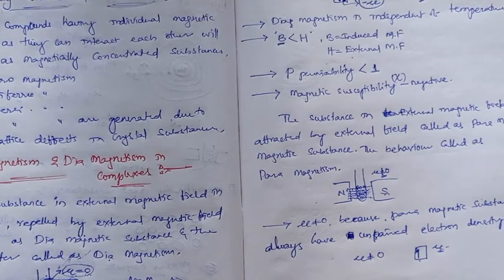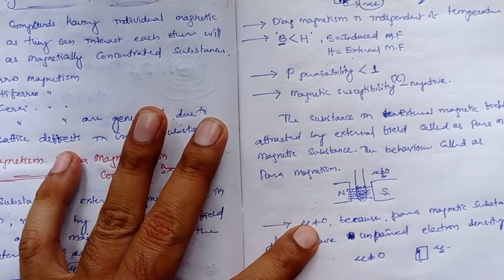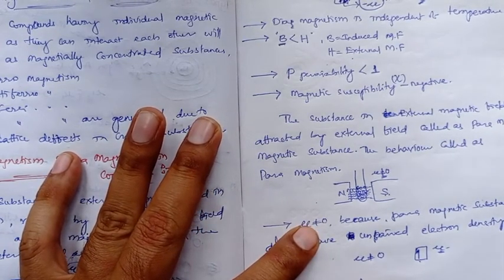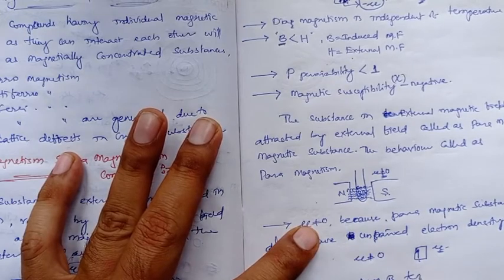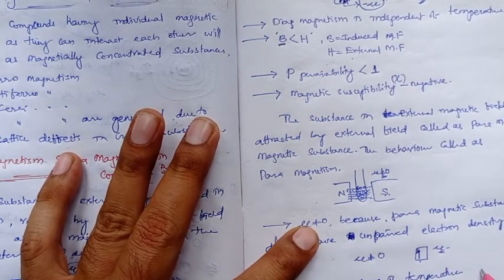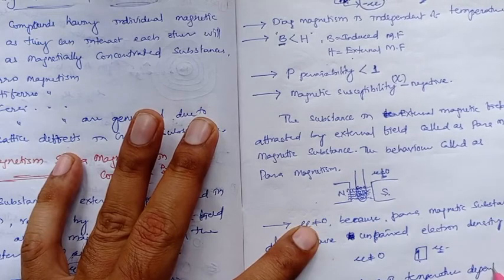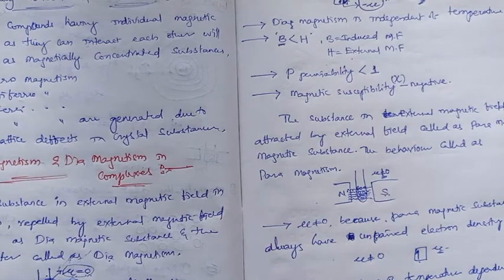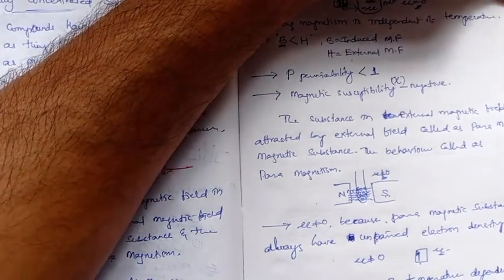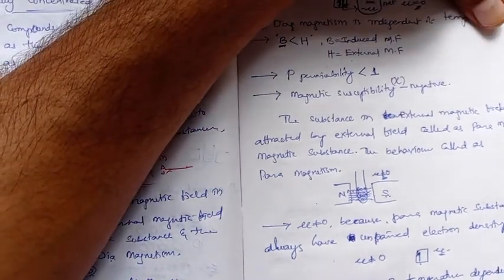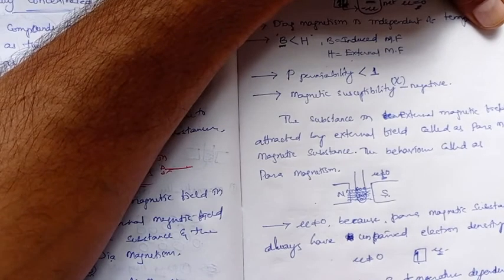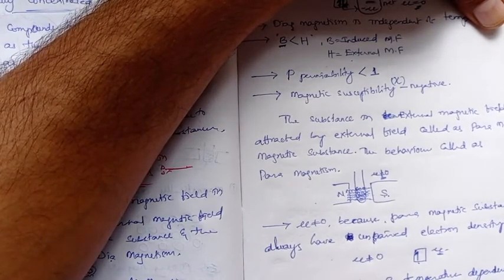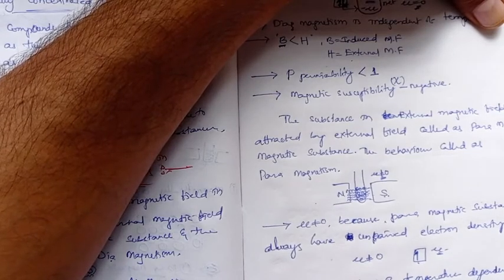Paramagnetism is temperature dependent, right? It will have different values with respect to temperature, so lower or higher temperature will change the paramagnetic magnetic moment value. And here the induced magnetic field will be greater than the external magnetic field, right?